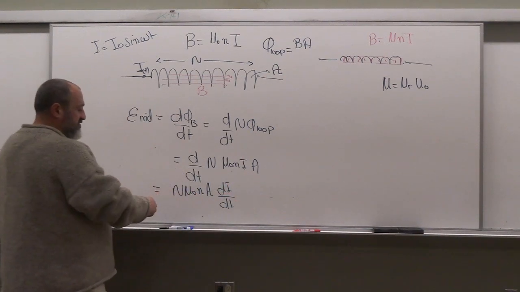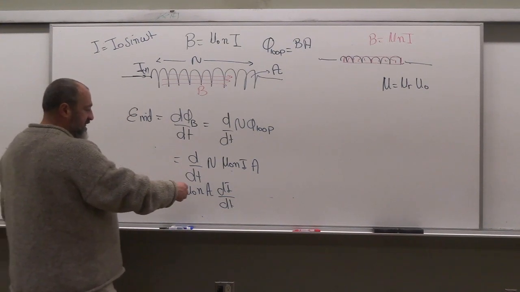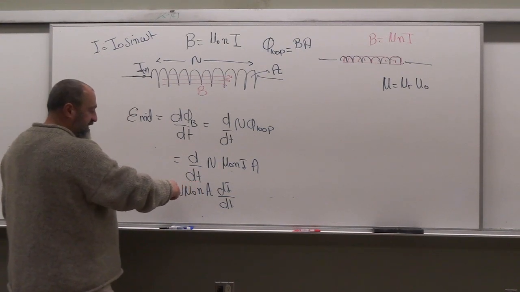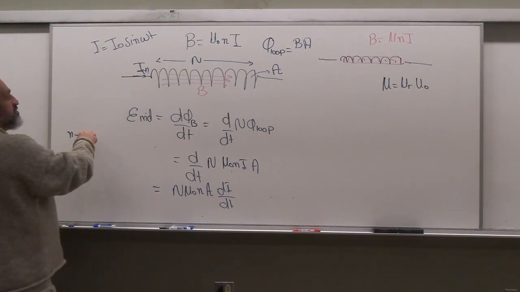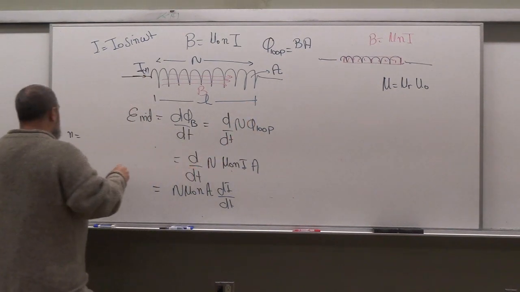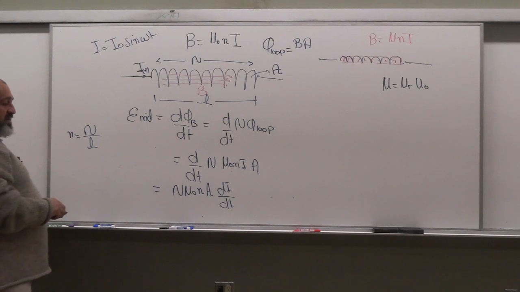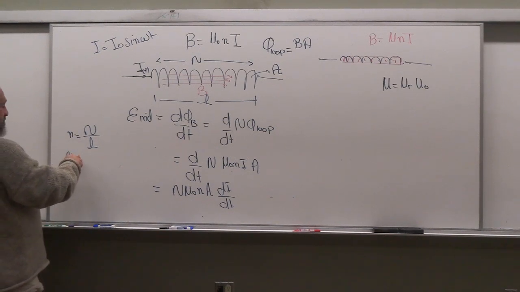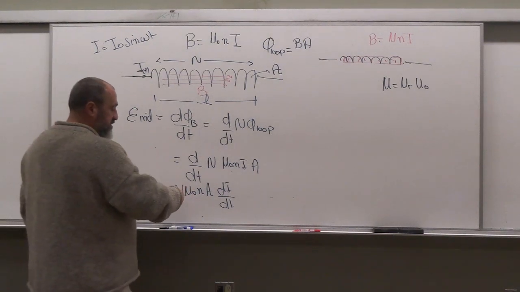And you can write this in one of two ways, because what is N? N is little n times L, or little n is big N over L. Let's say this has a total length L, and little n is equal to the number of turns per unit length. Either way, there will be a square in there.